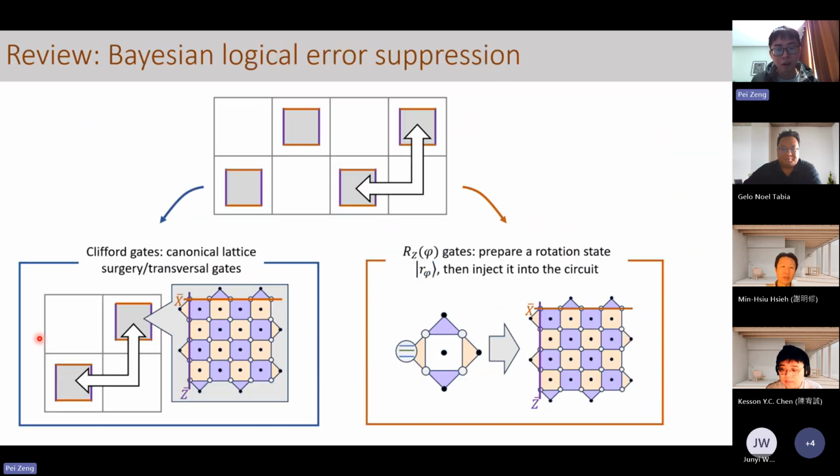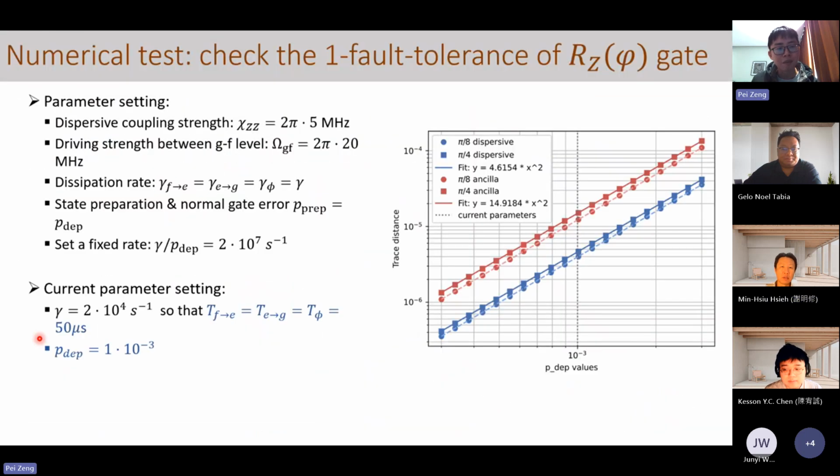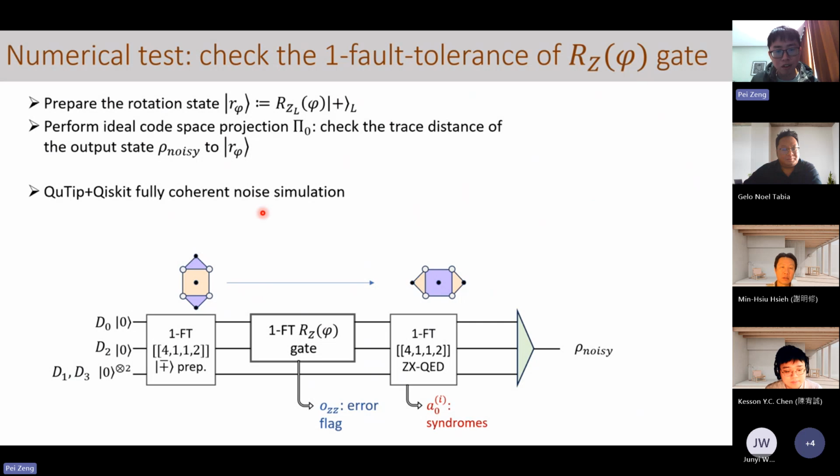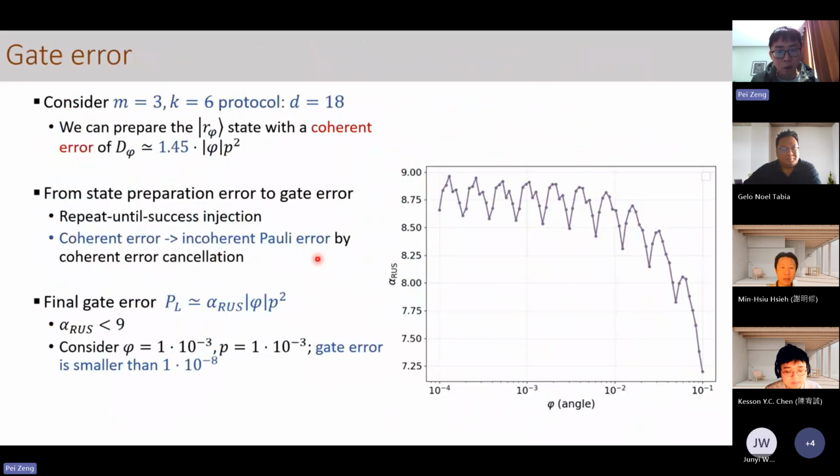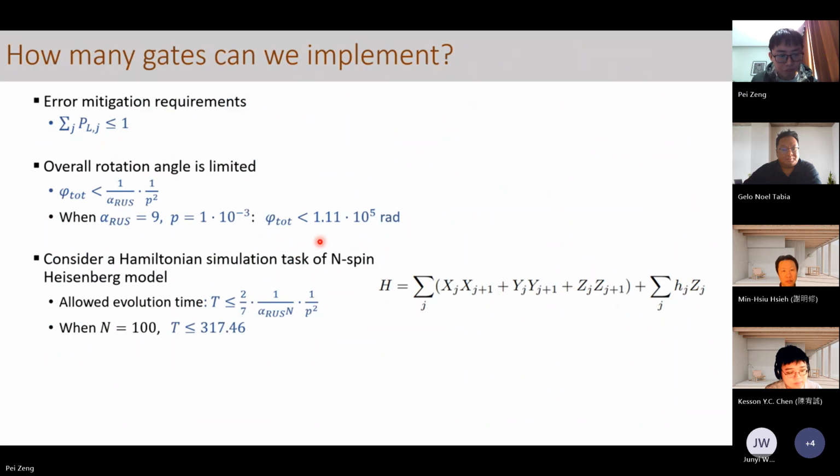But we can of course do better, because using our methods, as you can see, under an error rate of 10 to the minus 3 depolarizing, which is a very reasonable error rate, we can actually implement a very long time evolution, which is impossible in their case.